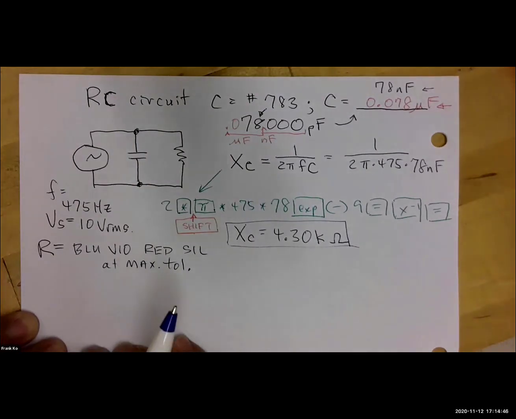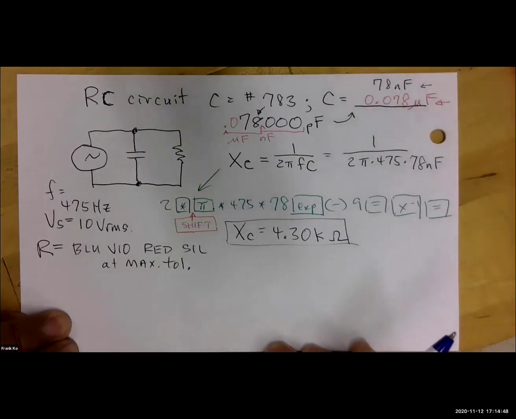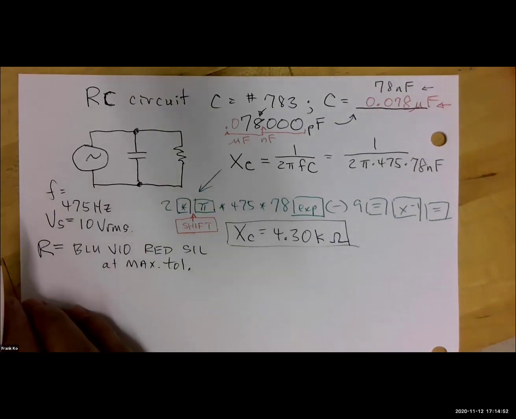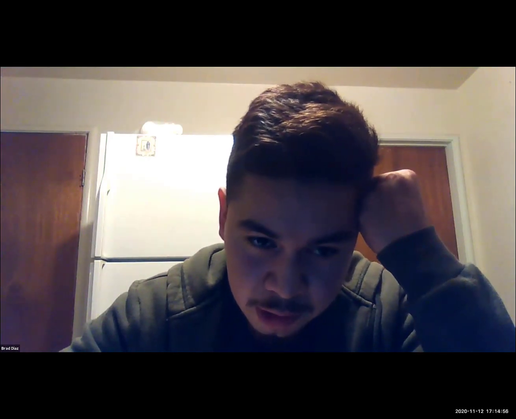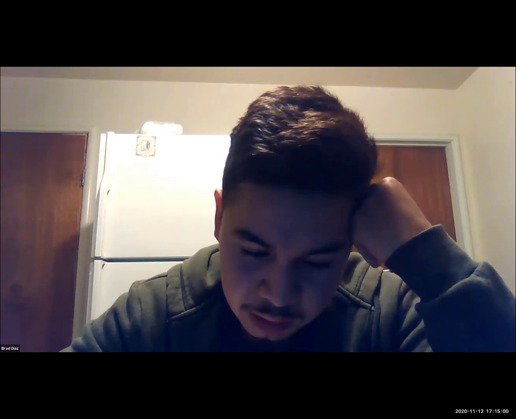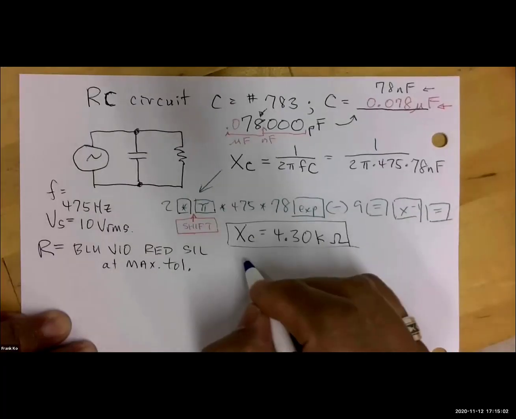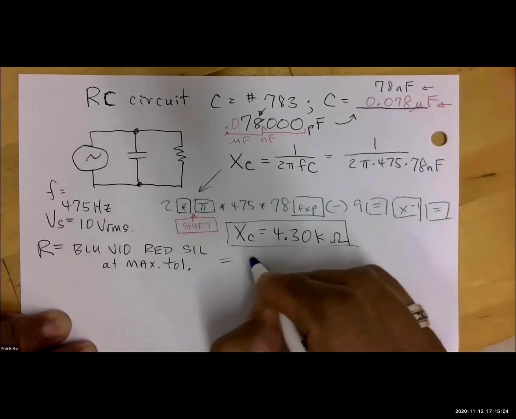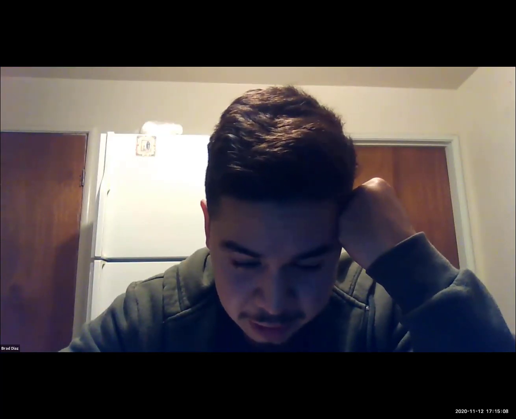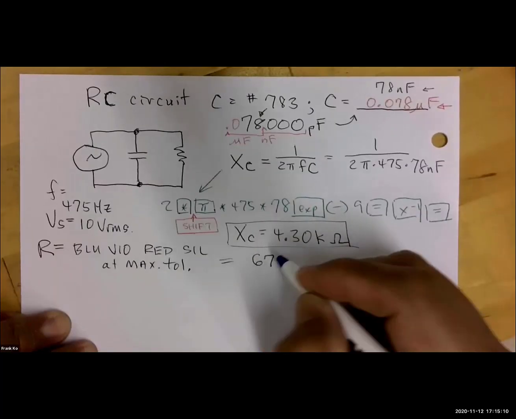So the question now comes to Brad, your turn. How do I decode this to determine the value of my resistor? So that's a 4-band resistor. The first color, the blue, will be the first digit. That's 6. Followed by a 7.